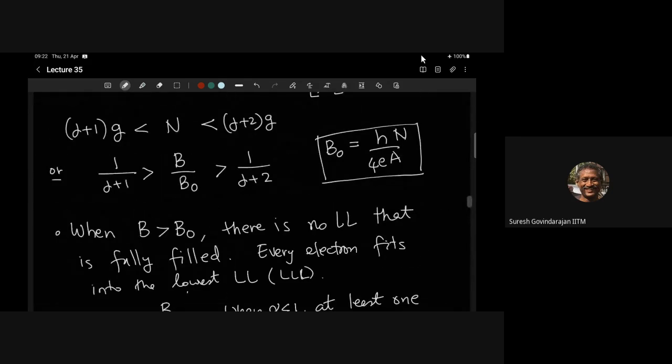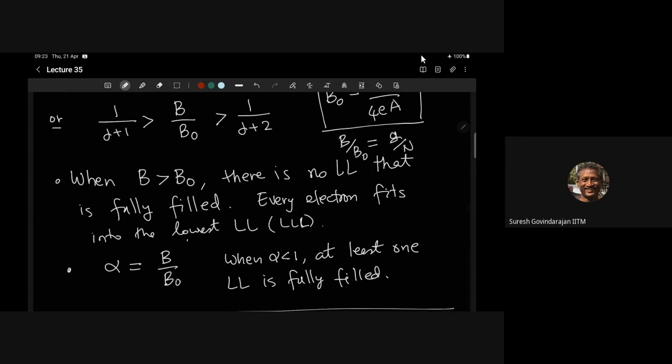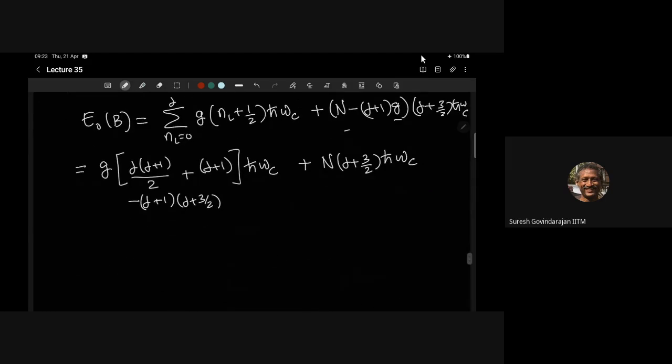B naught is this thing, and B by B naught is, I think, G by N. So I'll pull out an overall factor of N, and this G by N is alpha.